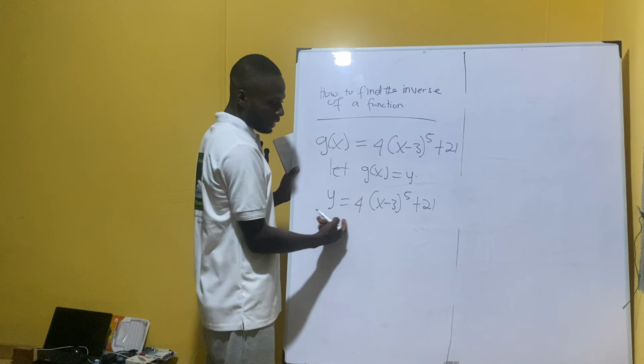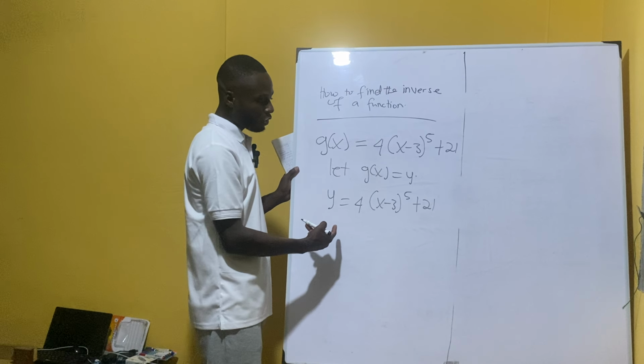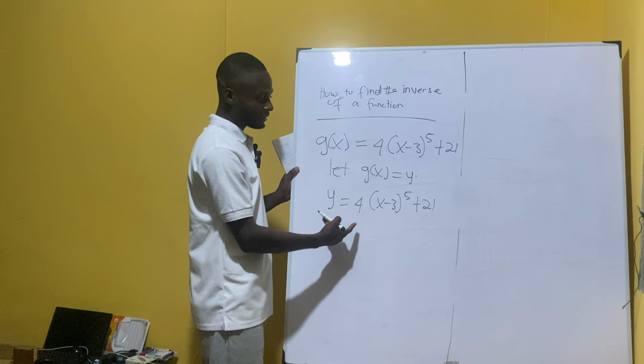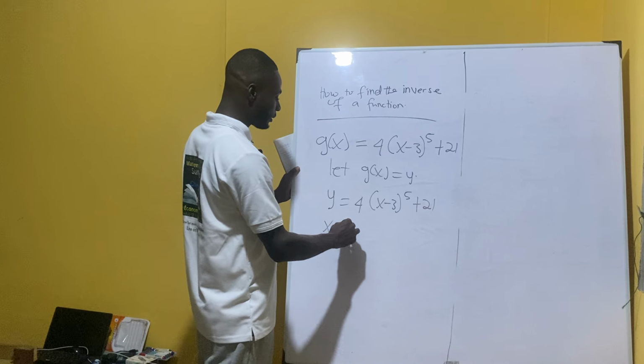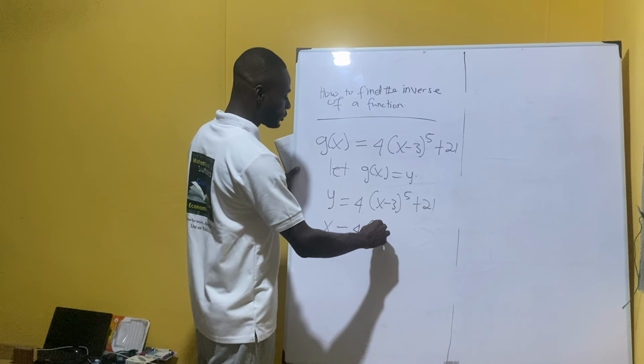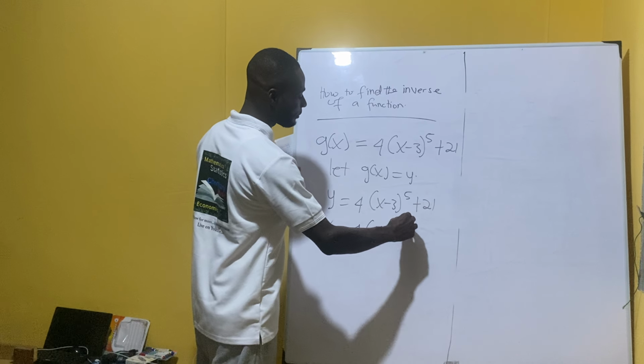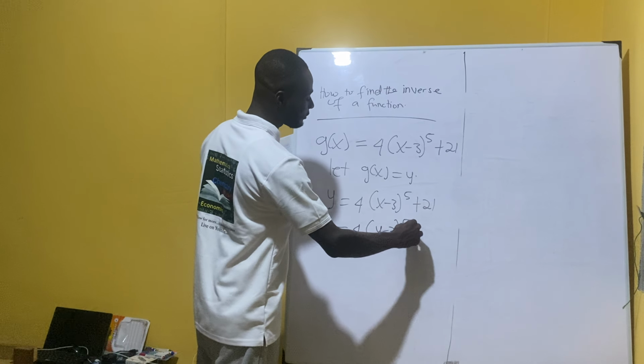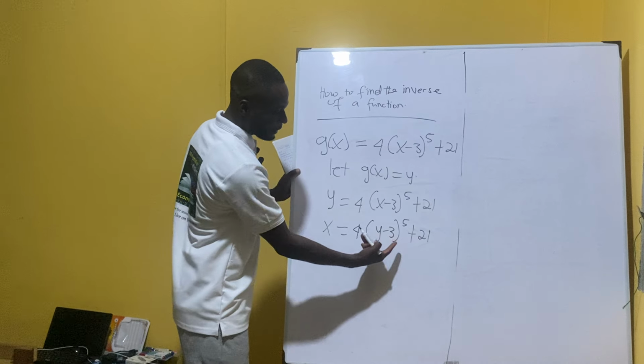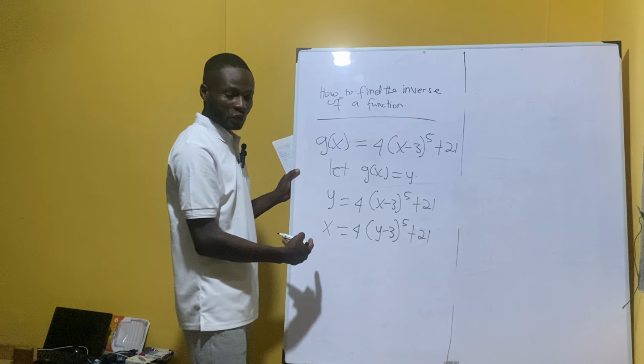Interchanging the variables x and y, we will have x equals 4 into y minus 3 power 5 plus 21, right? Let's make sure we take this 21 to this part.